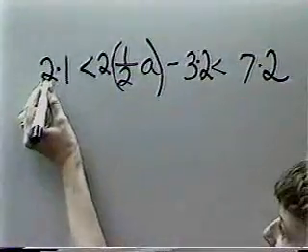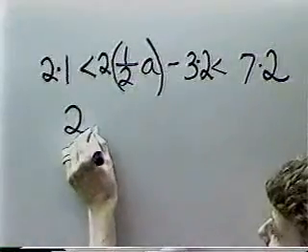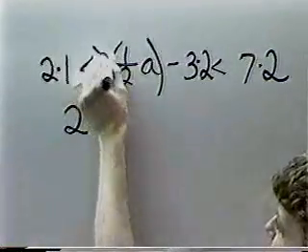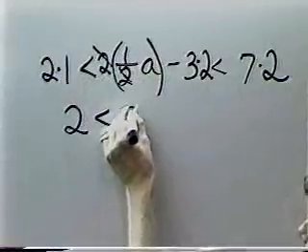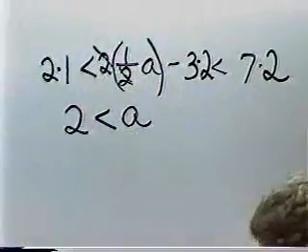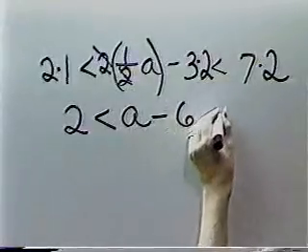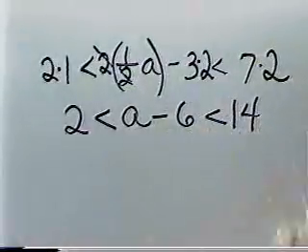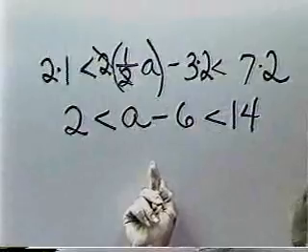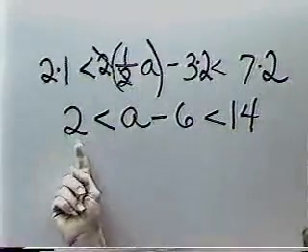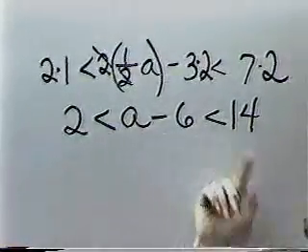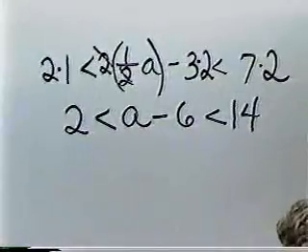Now notice what happens. 2 times 1 is 2, is less than, when I simplify, a, minus 3 times 2, or 6, is less than 7 times 2, or 14. So now I have 2 is less than a minus 6 is less than 14.